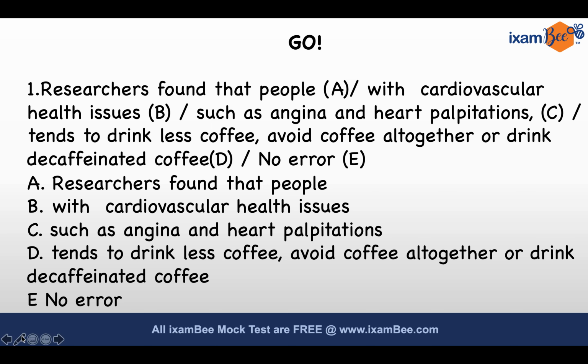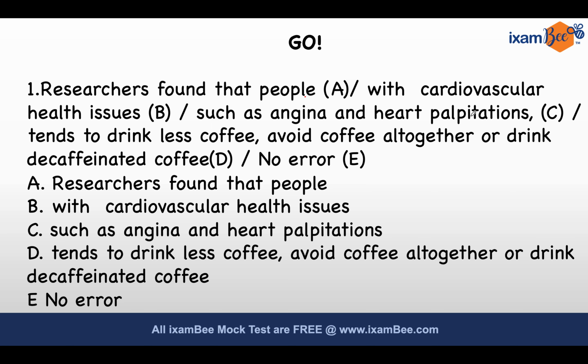Researchers found that people. So what is anything incorrect with the first part? Researchers found that people, no. Okay, let's move on. With cardiovascular health issues, no problem. Spellings are correct, such as angina and heart palpitations.